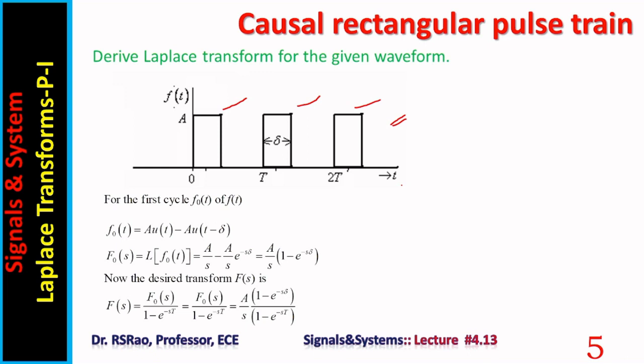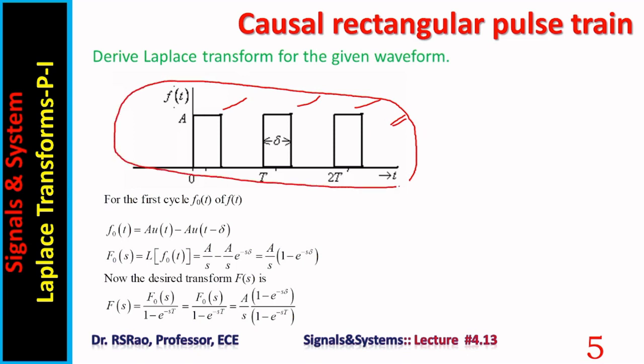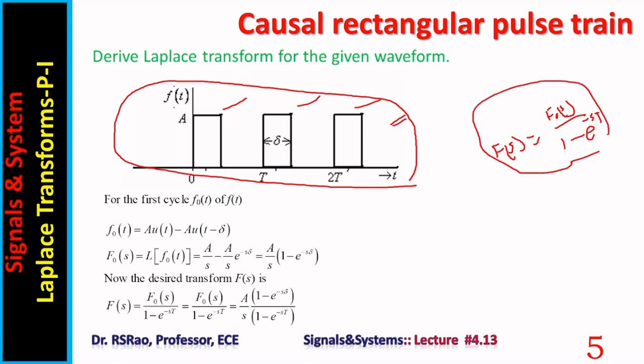One can notice periodicity. Therefore, it is a causal periodic signal. As we used the formula F of s equal to F naught of s by 1 minus e power minus sT, here also we use the same formula to find the Laplace transform.